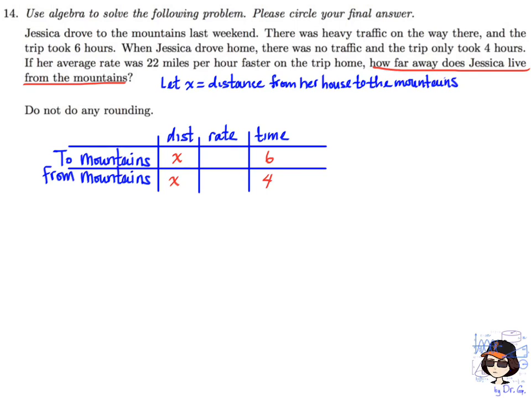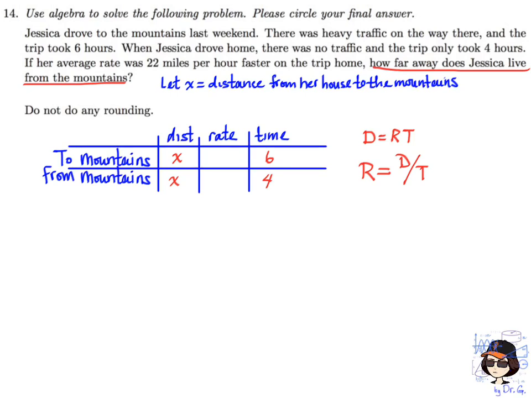So now we're going to use those 2 columns that we've already filled in to fill in the middle column. So we know distance equals rate times time. So what does that mean about the rate? Well, you can divide both sides of this equation by t, and you get d over t is equal to r, or r equals d over t.